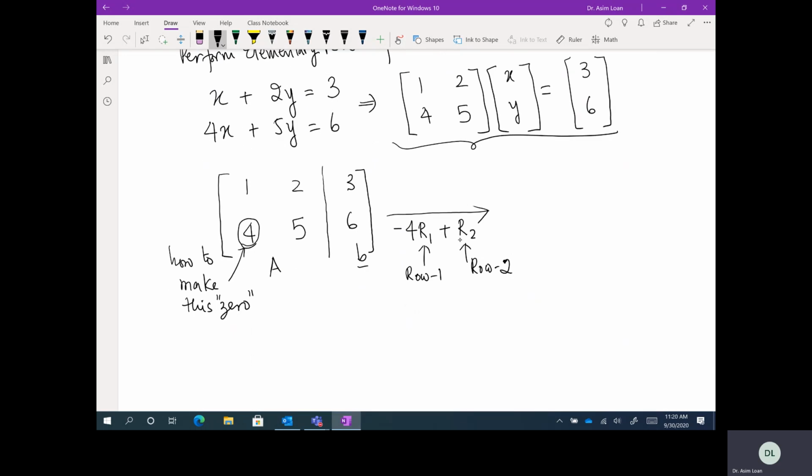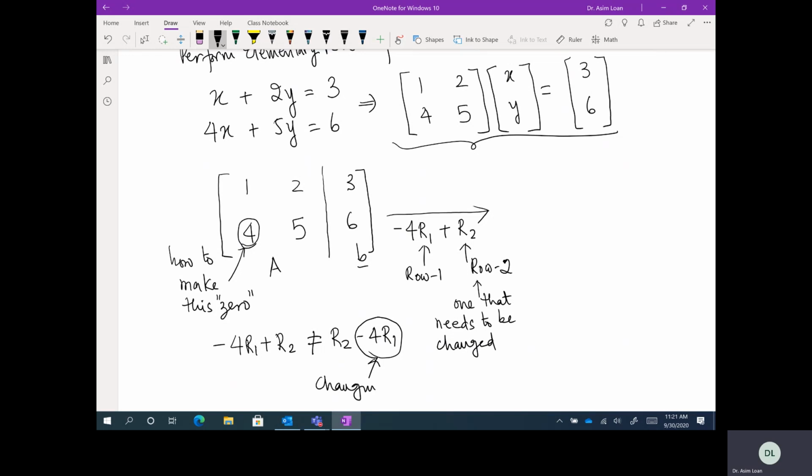So row 2 is the one that needs to be changed, and is the second one when you write this equation. So minus 4 row 1 plus row 2 is not equal to row 2 minus 4 row 1, because here you are changing row 1. Since you want to change row 2, row 2 should be written afterwards.